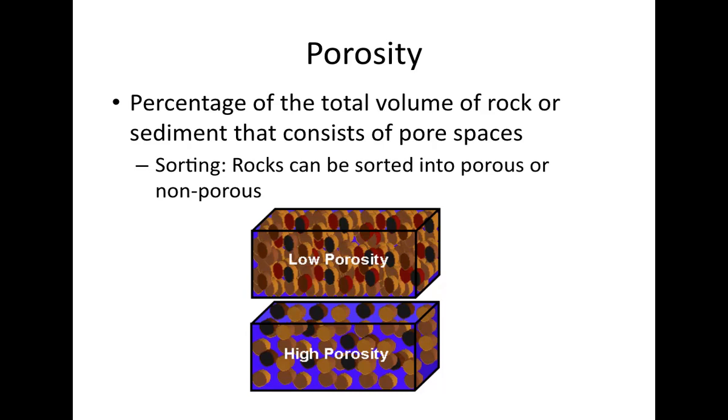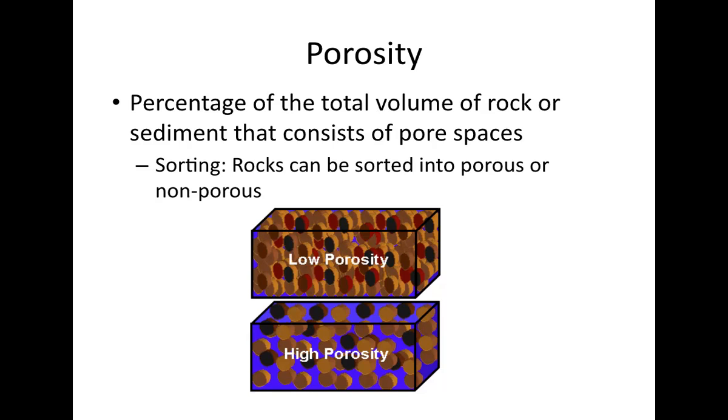Okay? So porosity is the percentage of the total volume of rock or sediment that consists of pore spaces. You actually saw this in the last unit. This would be low porosity, okay? You don't see a lot of spaces.